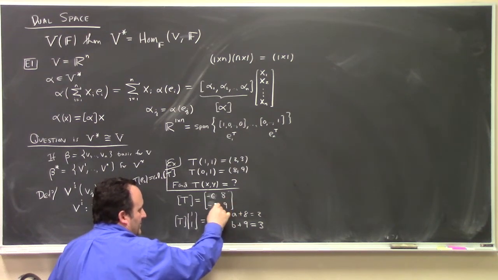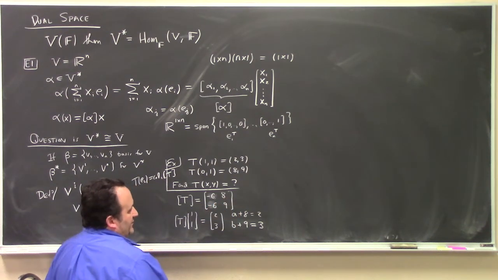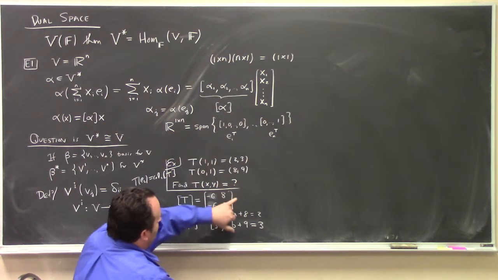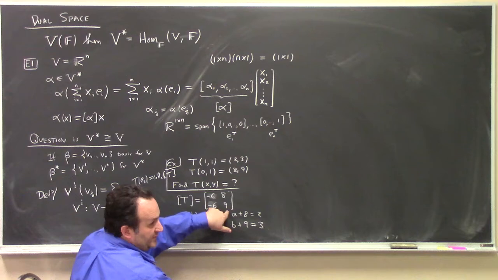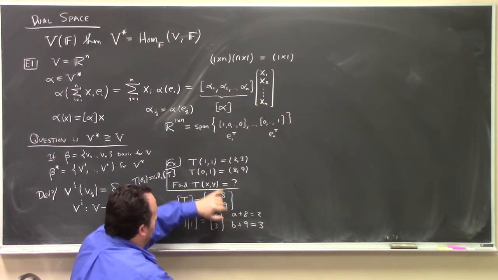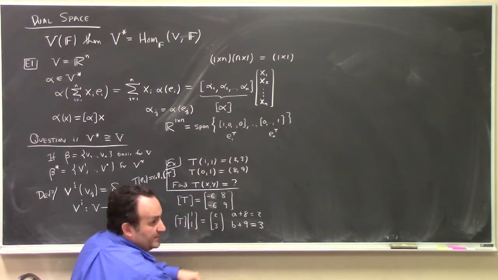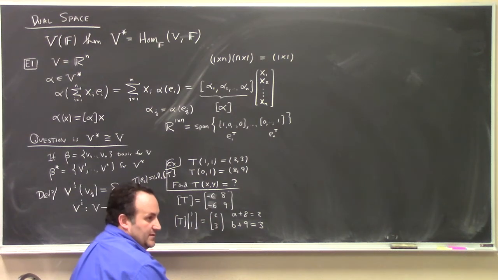Now just double check: (1,1) times this gives me 2, and (1,1) times that gives me minus 6 plus 9, which is 3. And if I do (0,1), I get (8,9). So there you go, that's the matrix.